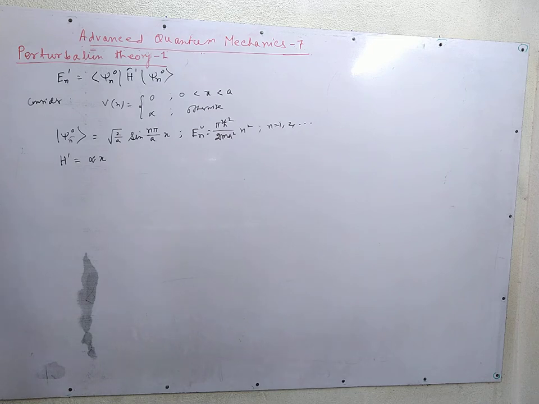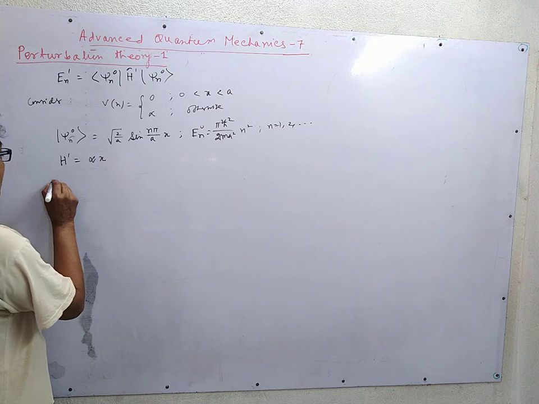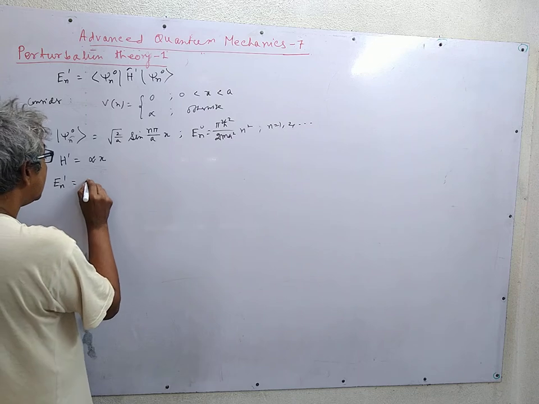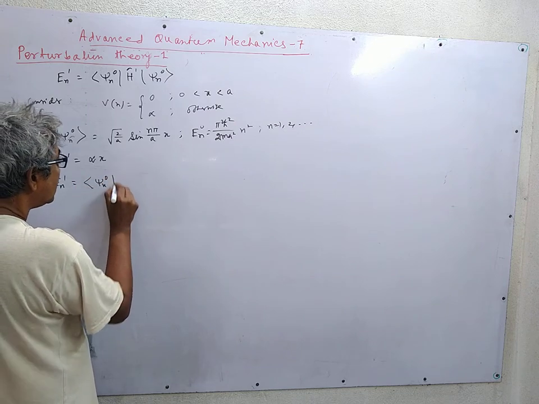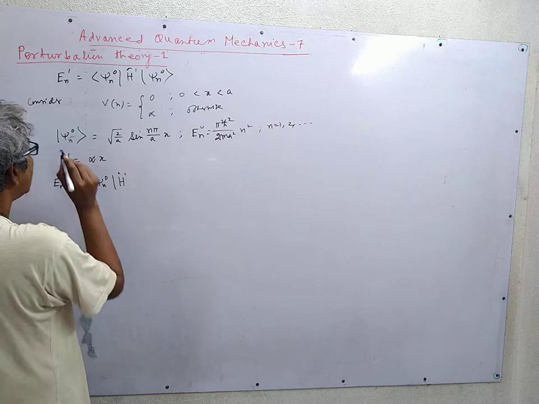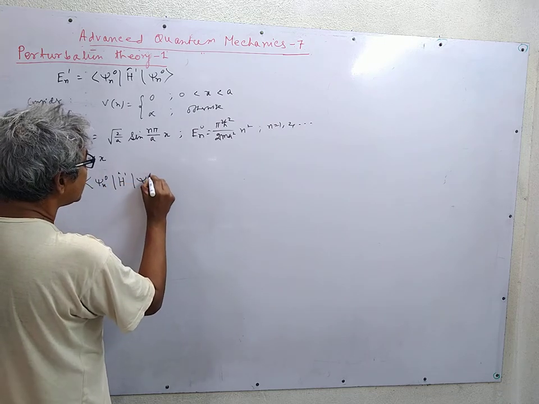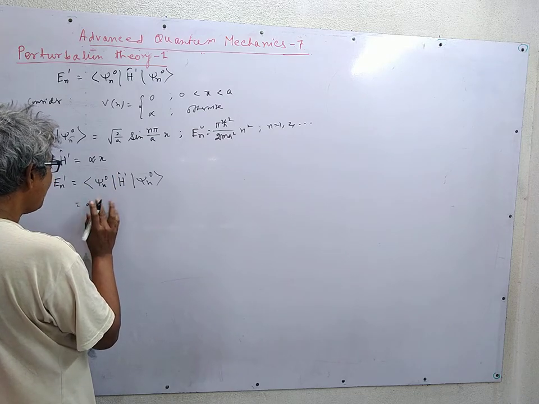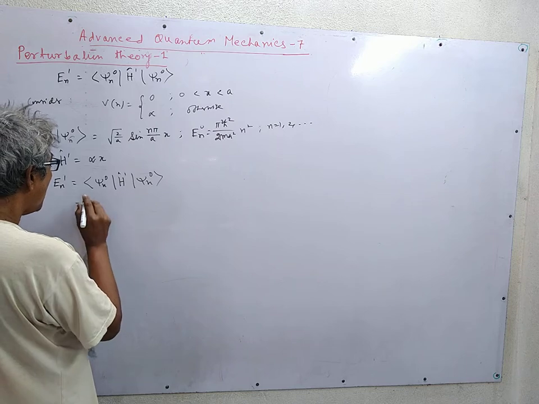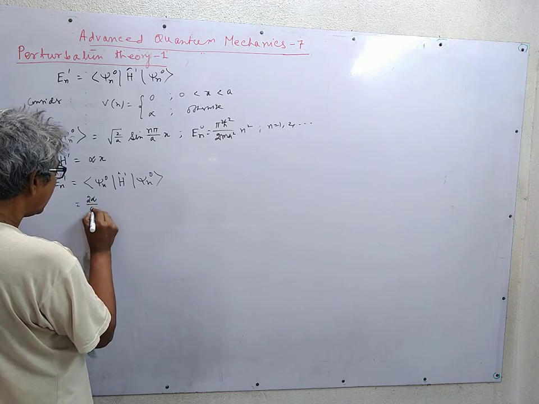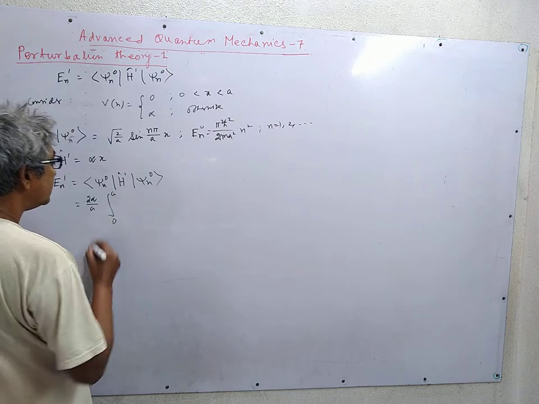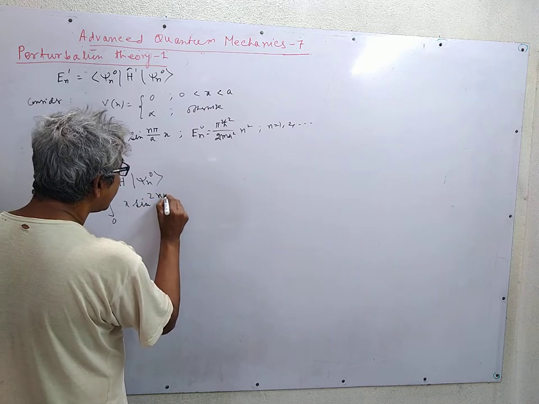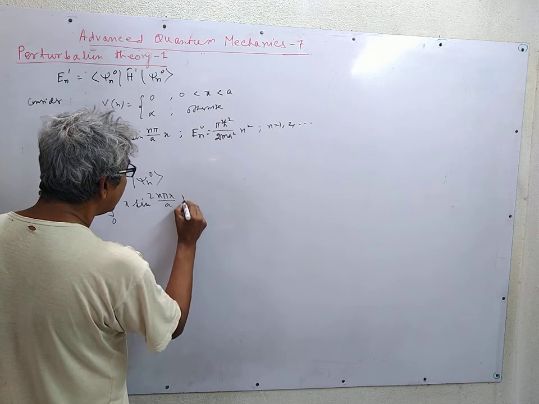So what will be the correction? The correction of energy will be En1 is equal to psi n0 h prime psi n0. Writing in this form, this is alpha, and from the wave function 2 by a, integration from 0 to a, x sine square n pi x by a dx.